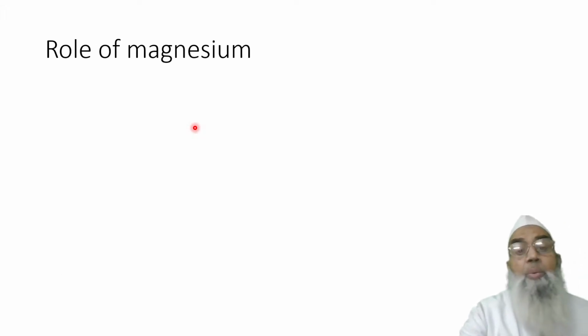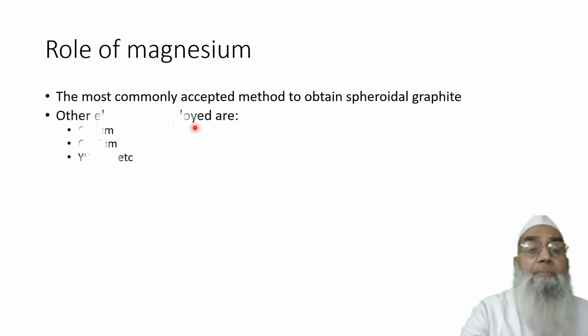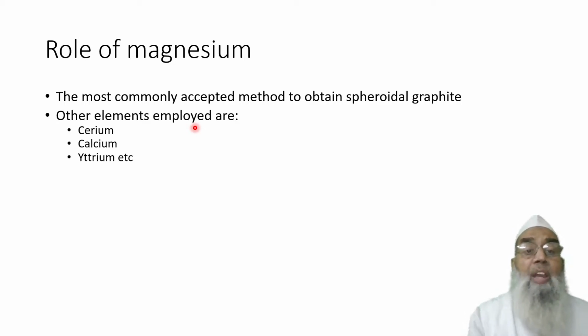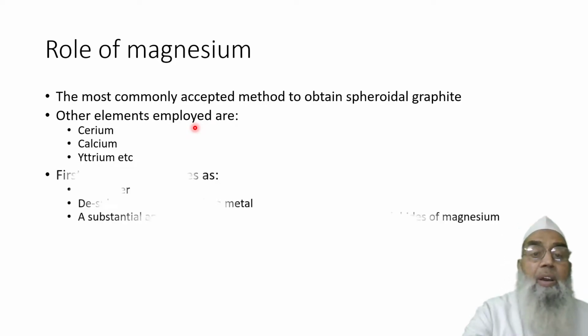Now, what is the role of magnesium? The most commonly accepted method to obtain spheroidal graphite is magnesium; other elements besides magnesium are cerium, calcium, and yttrium.